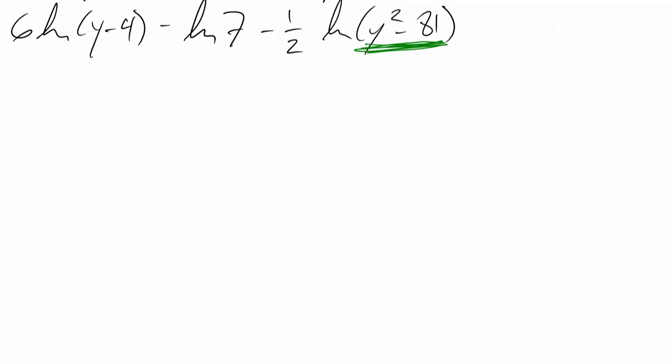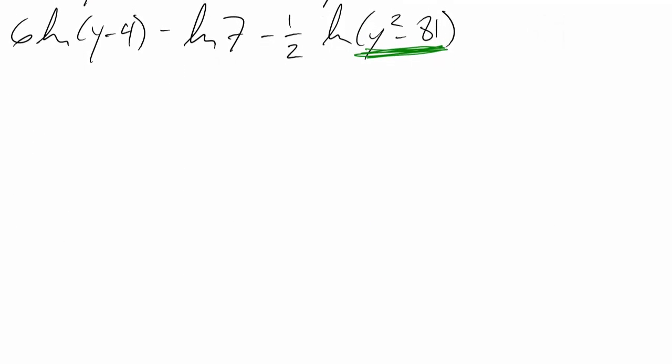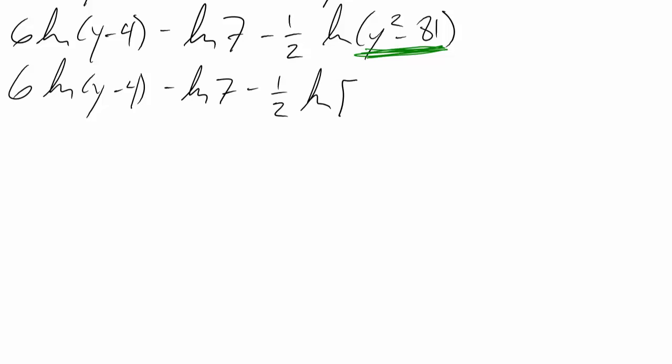So what we're going to do here is leave the 6 natural log y minus 4 and the minus natural log 7 as is. And again, we are going to write the minus 1/2 natural log, and I'm going to put this in brackets to make this a little more apparent.